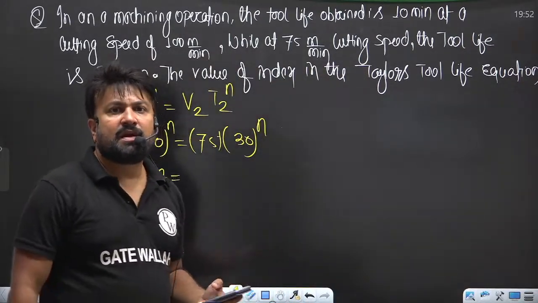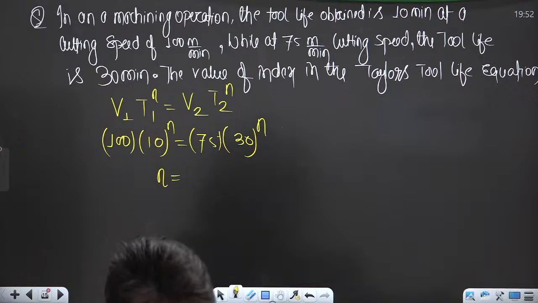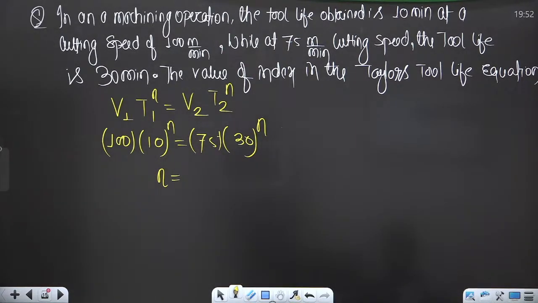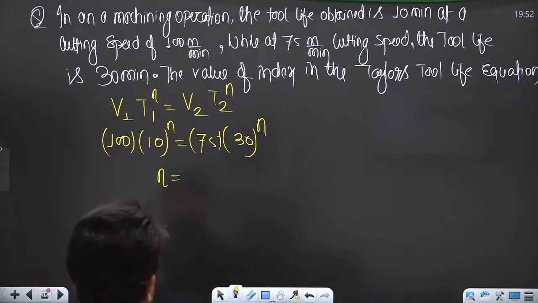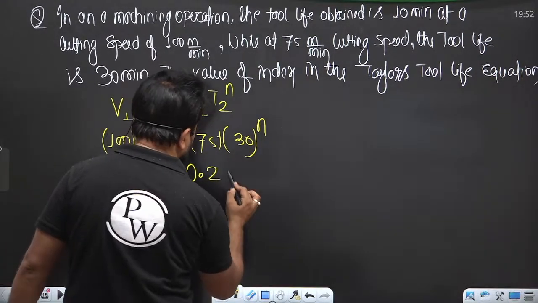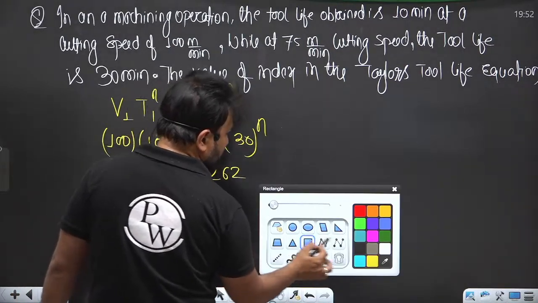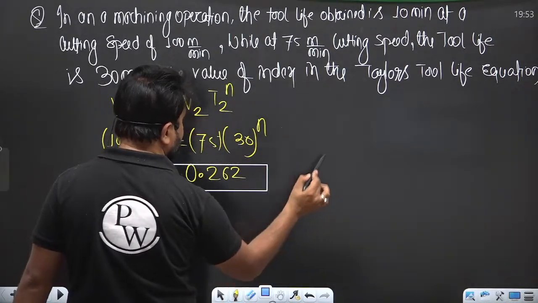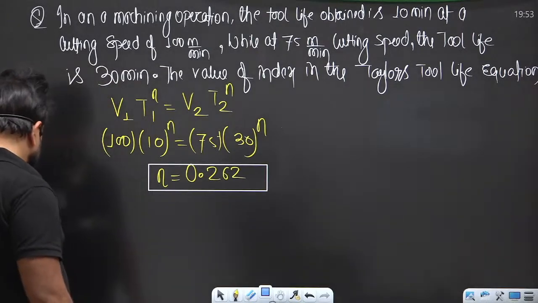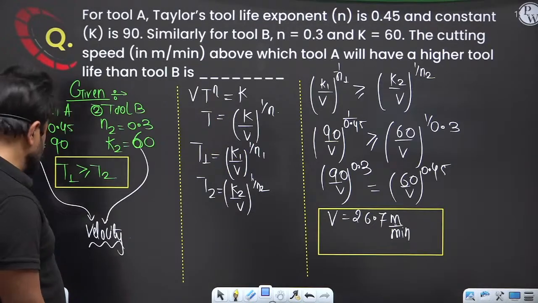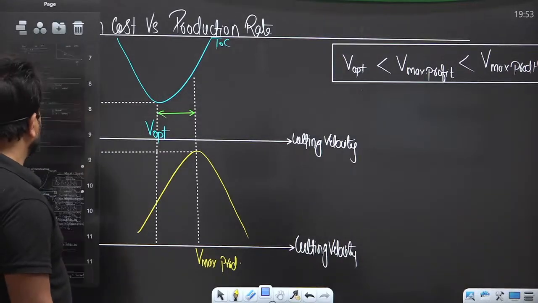The value of n will be 0.26. Yes. My dear, if you are looking at this chapter for GATE or some numerical purpose, then this stuff is sufficient from your GATE point of view, right?